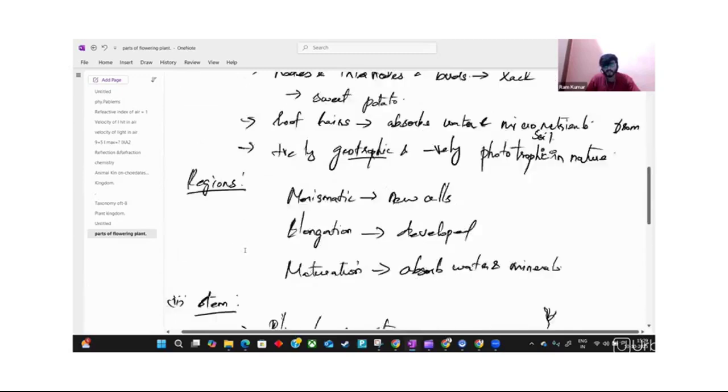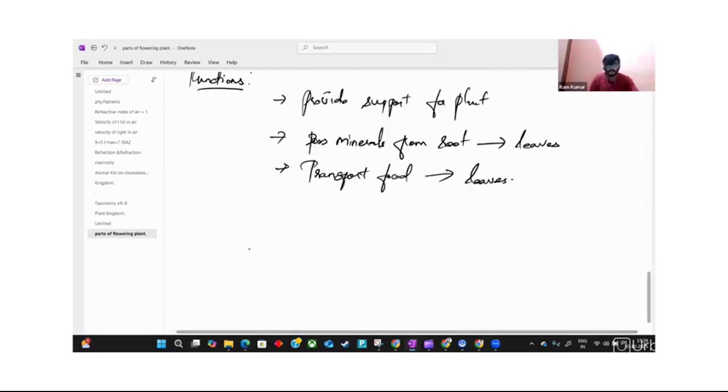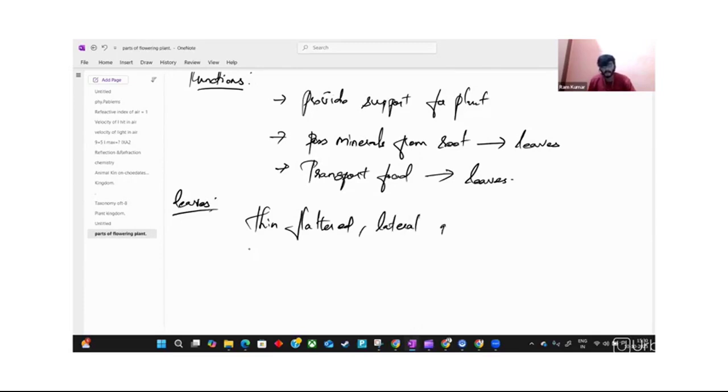The third part of the flowering plant is leaves. The leaves are thin, flattened lateral growths of the stem.